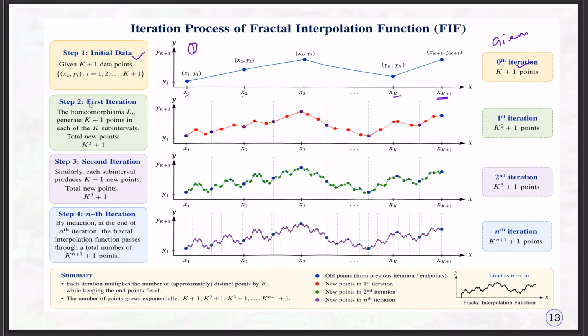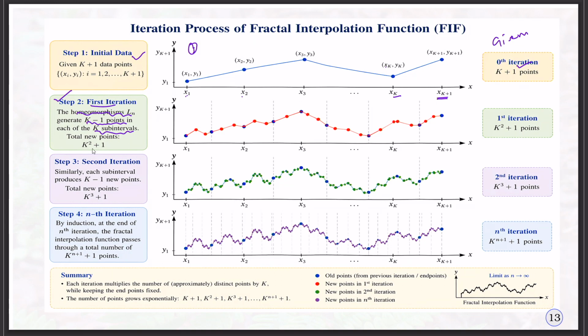Now in the first iteration, in step 2, the homeomorphism Li generates k minus 1 points in each of the k subintervals. Total new points are k square plus 1.